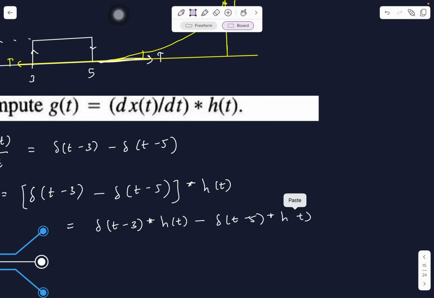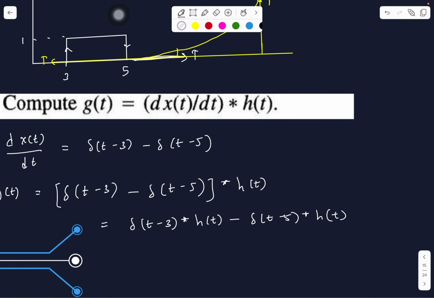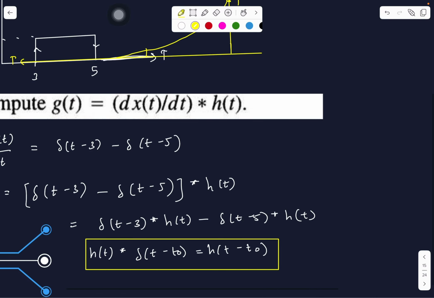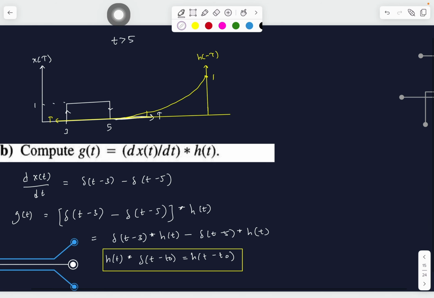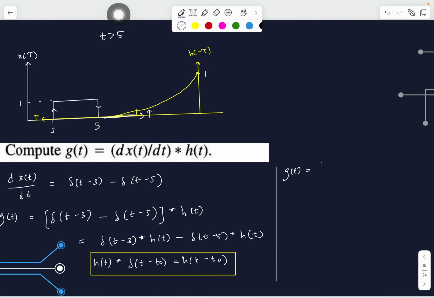And then from here we can use the shifting property of the unit impulse signal. So the shifting property is that h(t) convolved with delta(t minus t0) is equal to h(t minus t0). So we can just straight away say that the result g(t) will be equal to h(t minus 3) minus h(t minus 5).